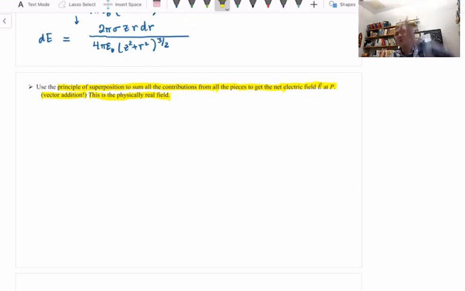So all the dEs just point straight up, and all we have to do is add their magnitudes. This is one case where the vector addition is easy. Okay, so that's what I'm going to do next.